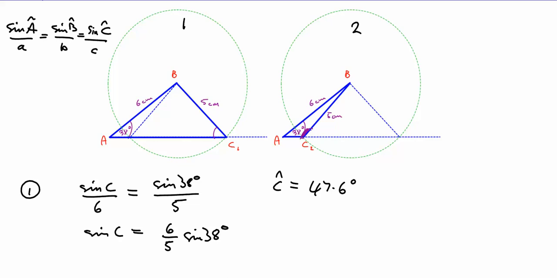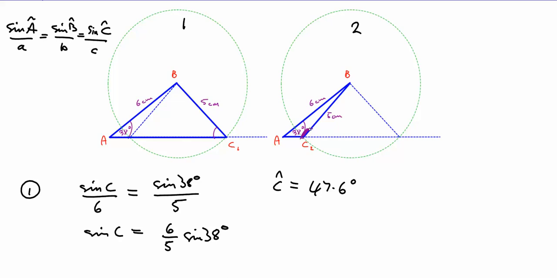Well, looking at the two triangles, we can see in the first triangle 47.6 is a valid angle for C. It's less than 90, but clearly in the second case it isn't.